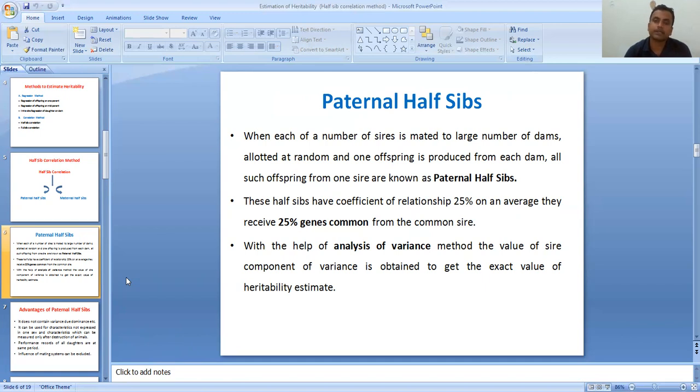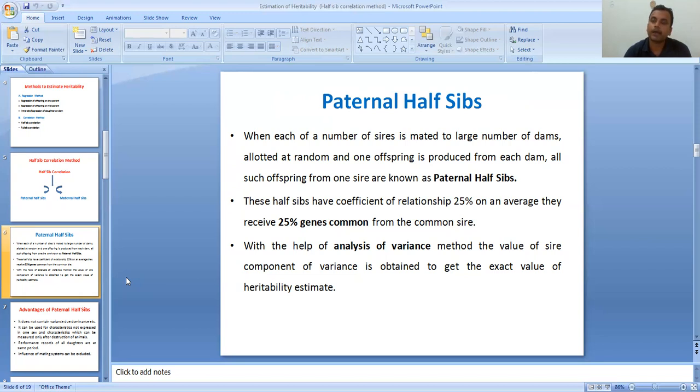One offspring is produced from each dam, and all such offspring from one sire are known as paternal half-sibs, where one sire is common for all. These half-sibs have a coefficient of relationship of 25% on an average because they receive 25% genes common from the common sire.